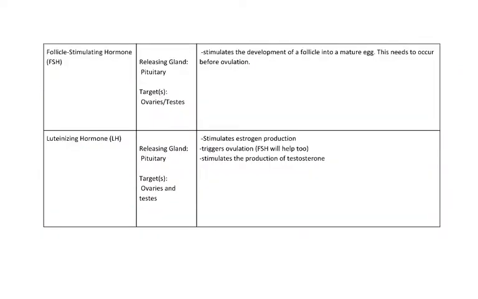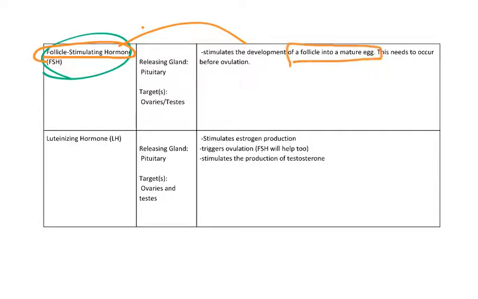So, moving forward, you have FSH. Okay, our FSH is follicle stimulating hormone. If we look at that title itself, follicle stimulating, it's going to develop a follicle into a mature egg.